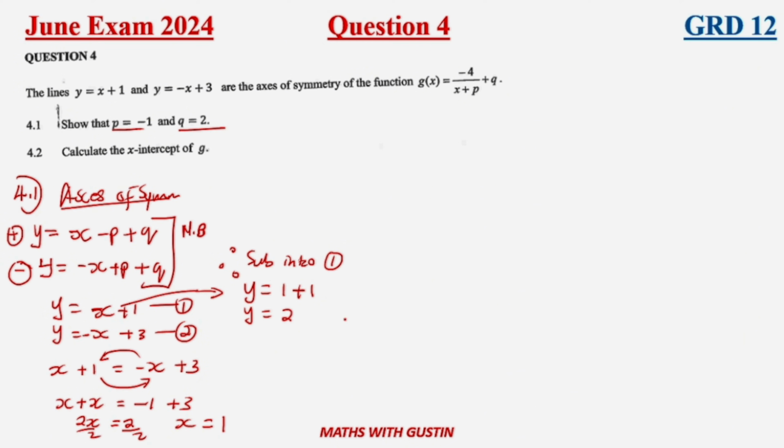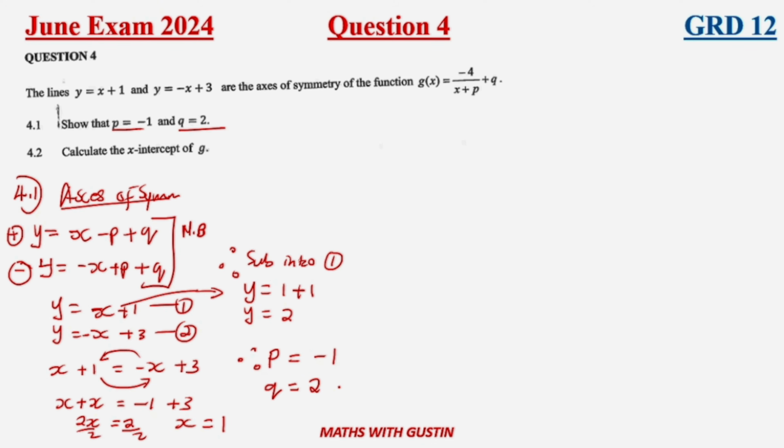So therefore you know the value of x and you know the value of y. If you were to go back into our equation, we know that x here, if it's positive, initially it needed to be negative there. So therefore you could come here and say p is equal to negative 1, and therefore q is equal to 2, as it is in this case.